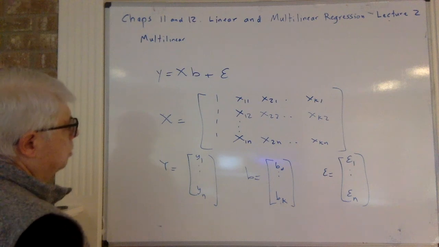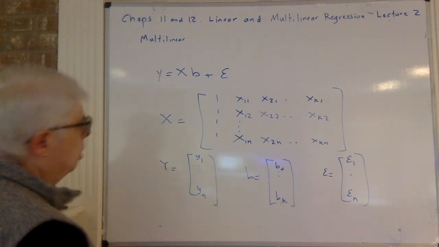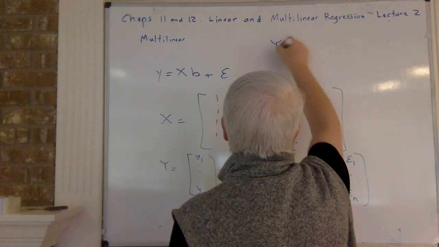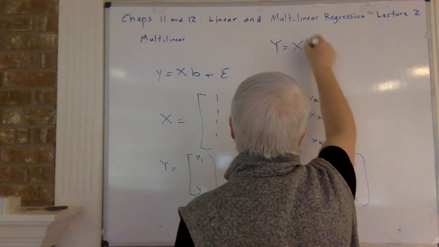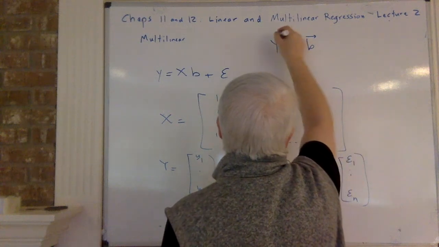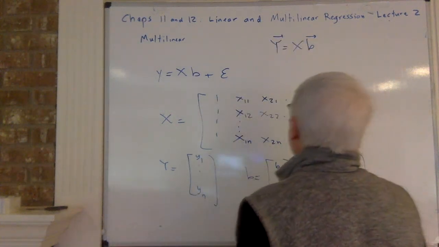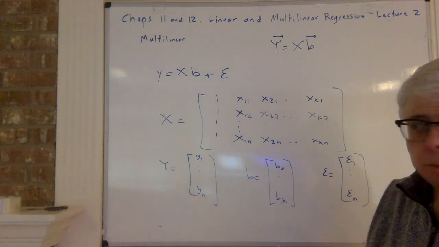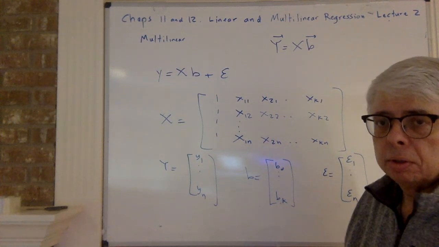Okay, so if I ignore the epsilon, I have an equation like this: Y equals xb. And this is a vector. And usually this has more equations than unknowns. So it might be 10,000 equations in 10 unknowns.